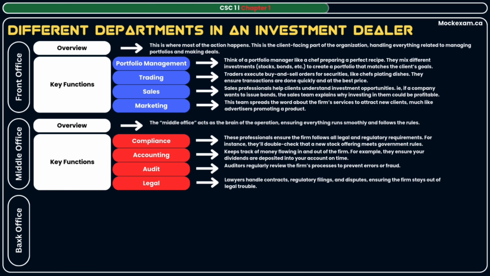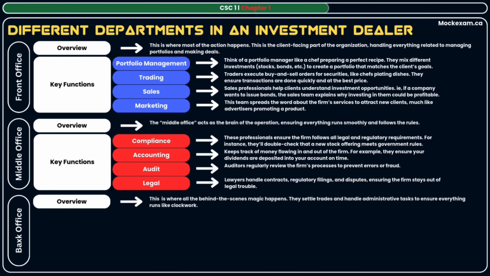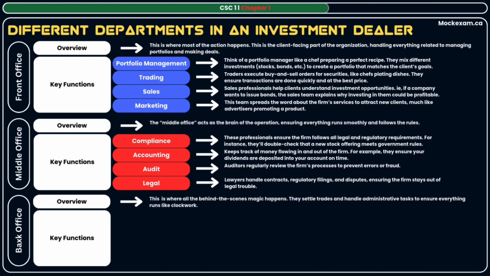Now let's get to back office, the silent workhorse. The back office is where all the behind the scenes magic happens. They settle trades and handle administrative tasks to ensure everything runs like clockwork. What are the key functions or activities? Trade settlement.